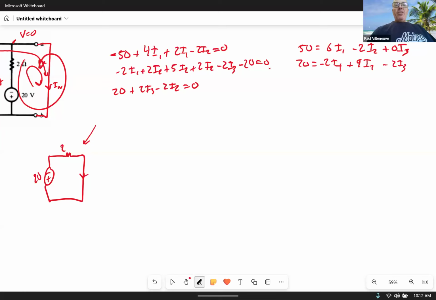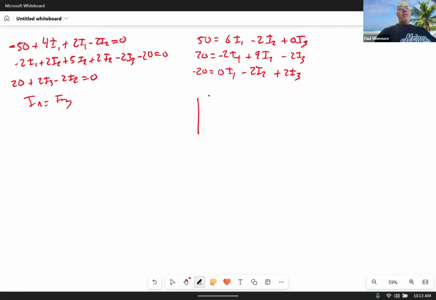And my last equation is -20 equals 0I1 minus 2I2 plus 2I3. And if you wanted to, you could be lazy and add another equation and say IN equals I3, but I don't think we should stuff that into our matrix.